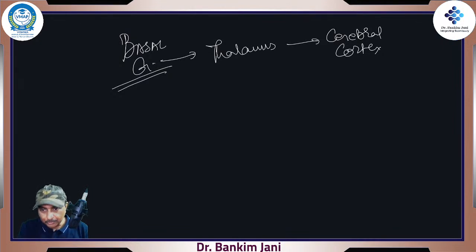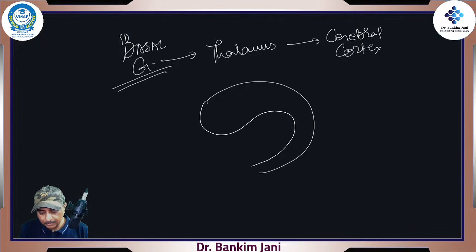So if we really draw it, okay, this is the caudate, right? Over here, we have our putamen and the globus pallidus. The thalamus, right? If we really draw thalamus, we used to draw it like this over here. This was the thalamus.